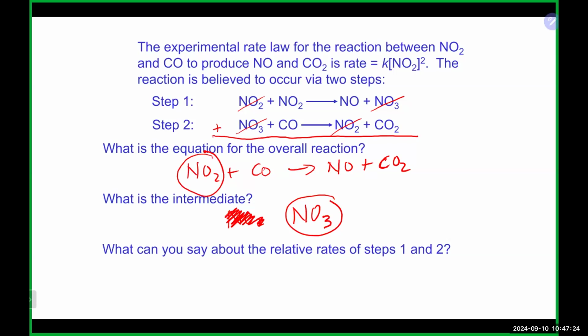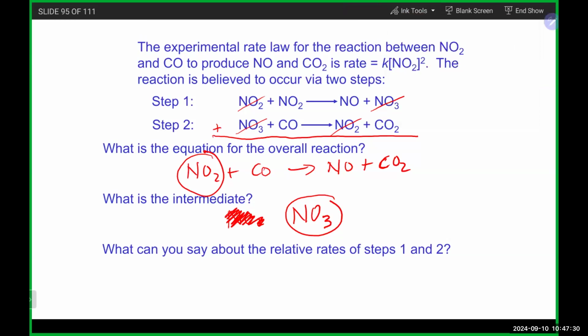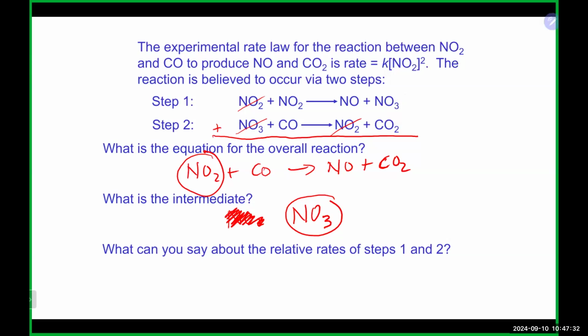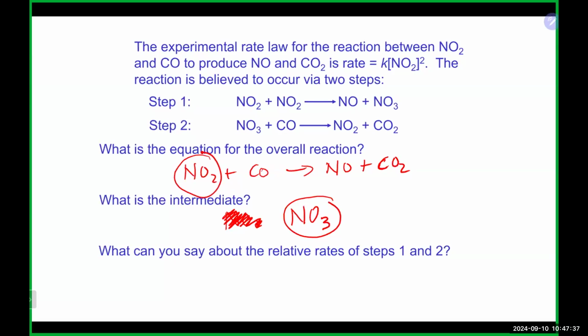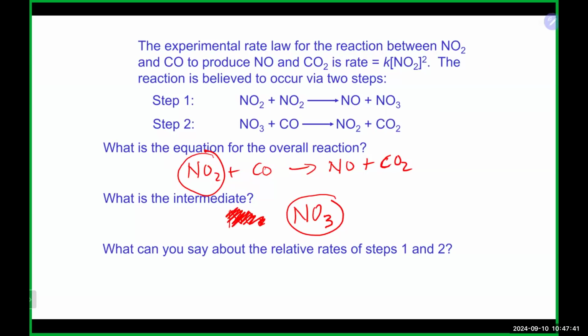Any questions on that there? Now, because these are elementary steps in this mechanism, we could write rate laws for each of these. By the way, they also gave us an important piece of information, which is the rate is equal to K NO2 squared, and that's the experimentally found rate law, basically.